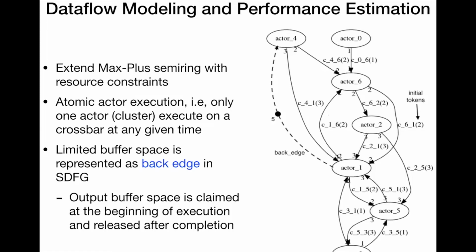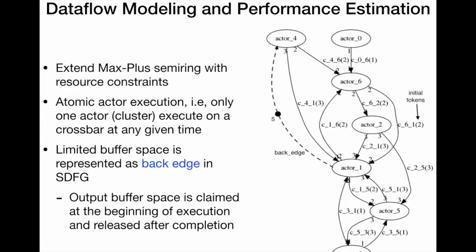The first resource constraint that we have is the buffer requirement. Now, since the number of crossbars in a hardware are limited, it might so happen that more than one actor or clusters are mapped to the same hardware. However, they cannot be executed simultaneously. To avoid that, we create back edges between the clusters. So in this particular example, we have shown that actor 4 and actor 1 are both mapped to the same hardware tile.